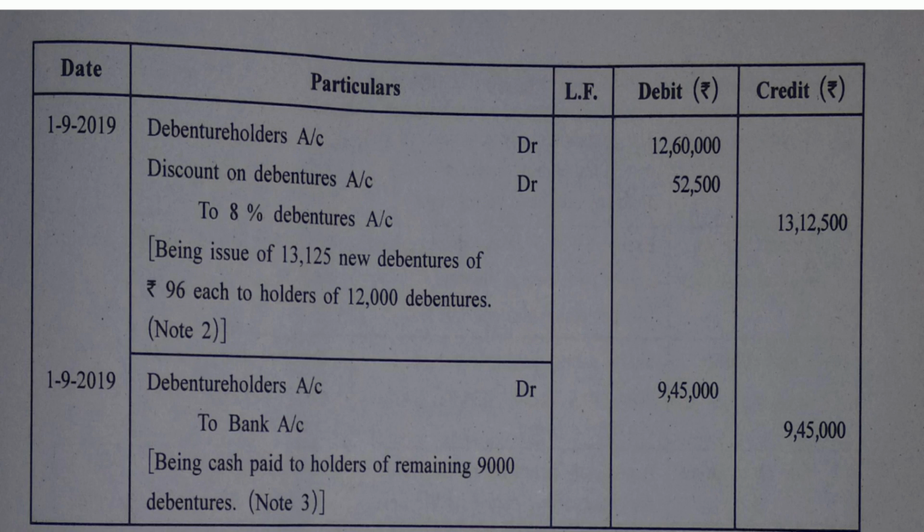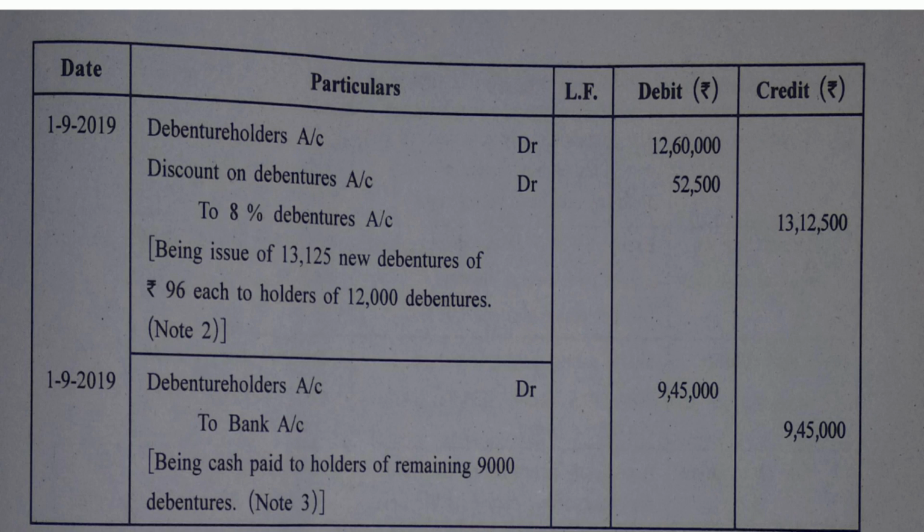Next and last journal entry is about the payment in cash. I have already explained how it is 9,000. See, firstly, out of 30,000, holders of 9,000 debentures have accepted equity shares. Further, holders of 12,000 debentures have accepted new debentures. So 12 plus 9 is 21.